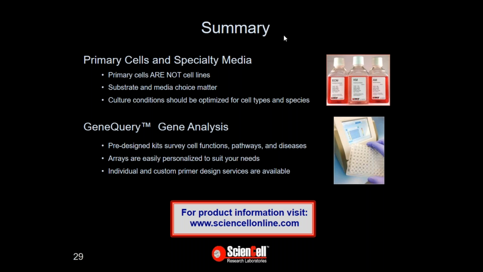Other companies tend to provide the different components of the supplement individually, which can be time-consuming to assemble and leaves more opportunity for pipetting error or contamination. Our media is also very competitively priced compared to other specialty media on the market.